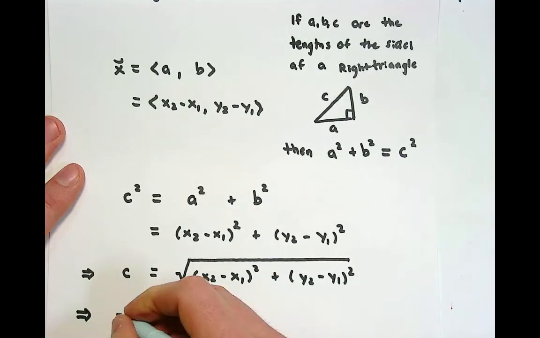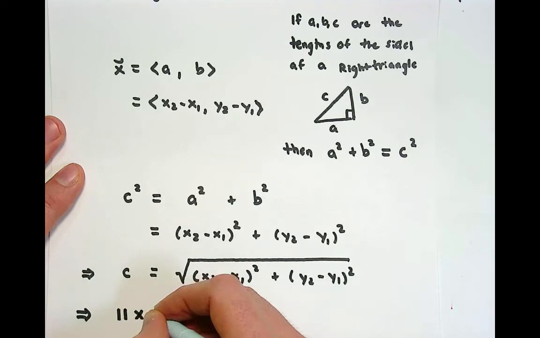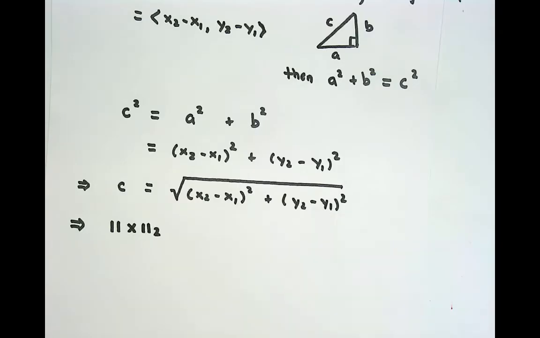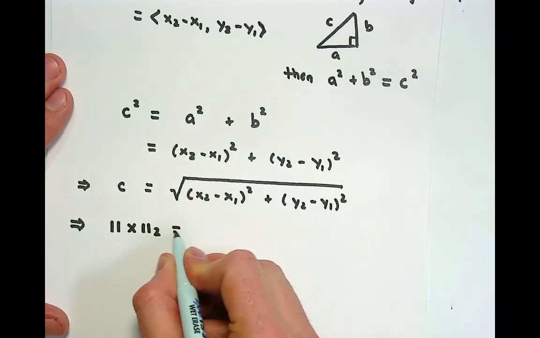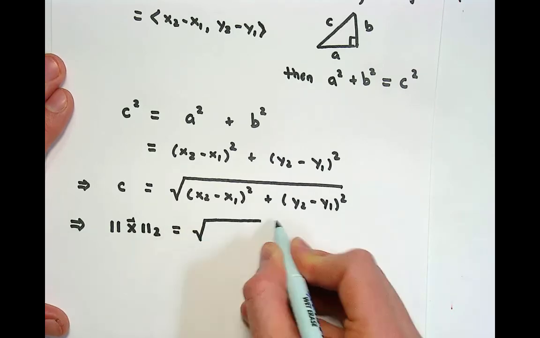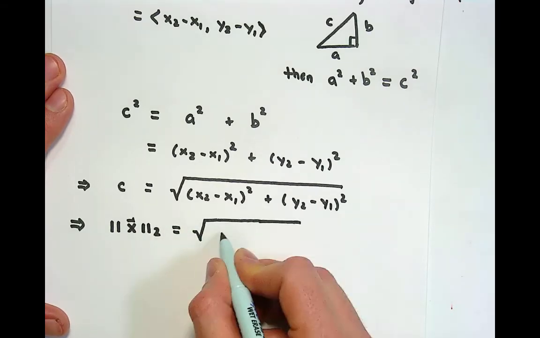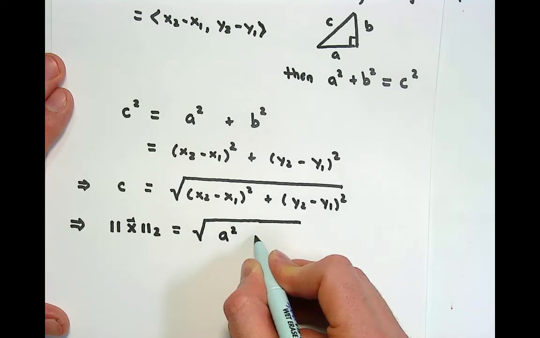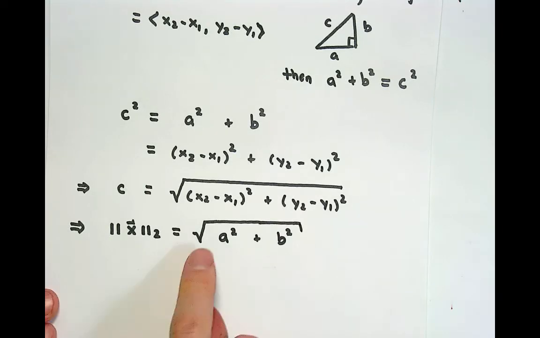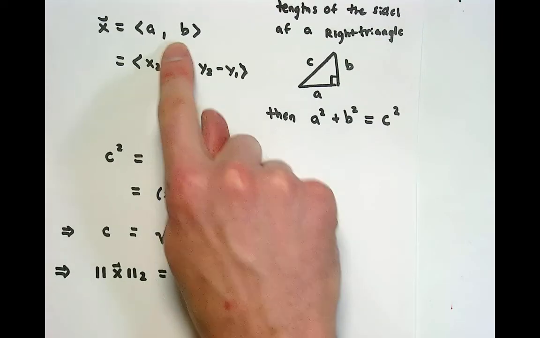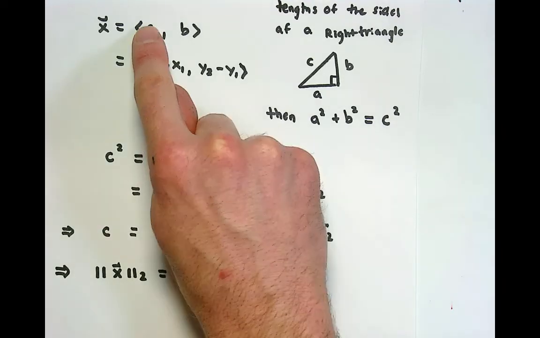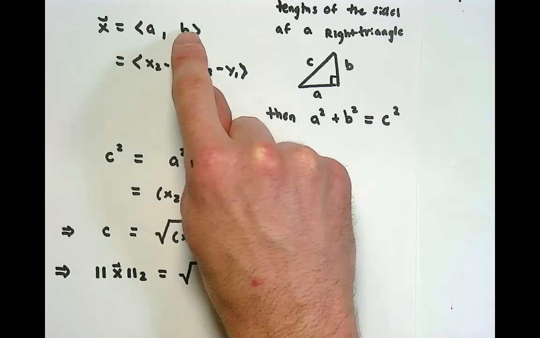This is what we're going to call the magnitude of our vector, and we're going to write it in a special way. That's called the 2 norm of the vector x. Notice the 2 norm of the vector x is the square root of the sum of the squares of the components.